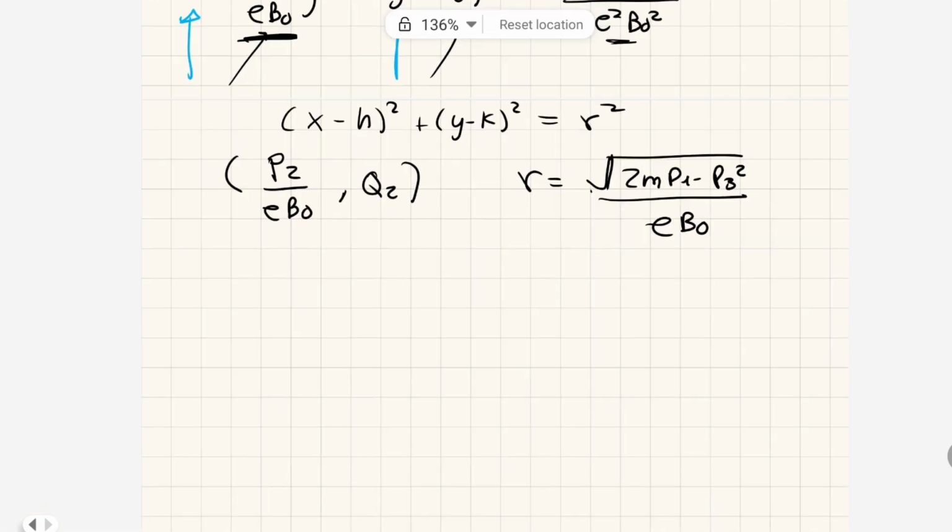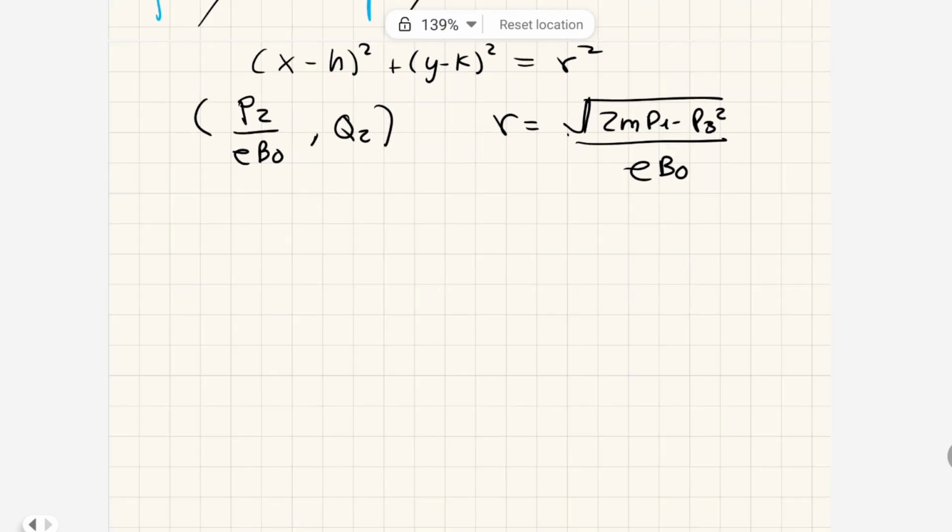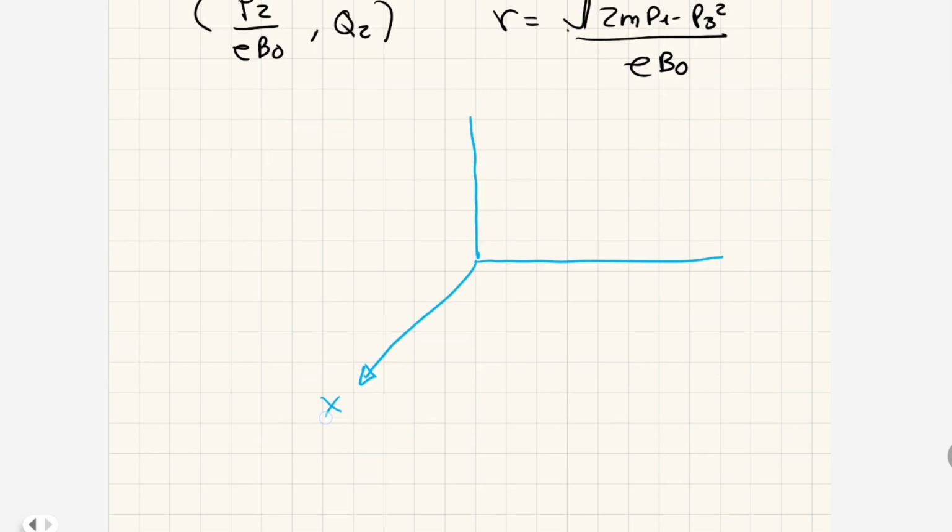So what is this telling us? Well, it turns out that, for example, if we have the coordinate system here, the x here, the y here, and the z here, recall that we have a magnetic field in the direction of z. This is what we mentioned in the first lesson, right?